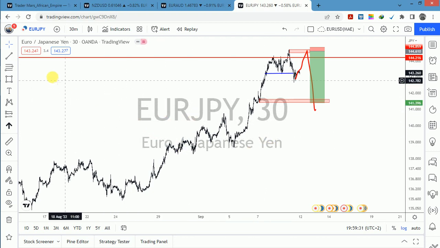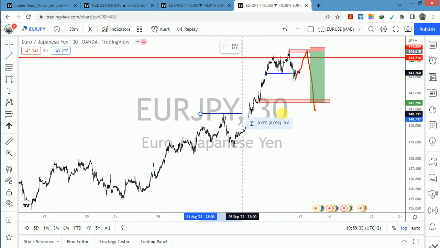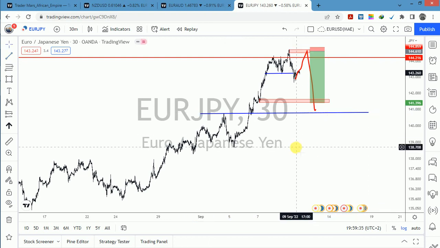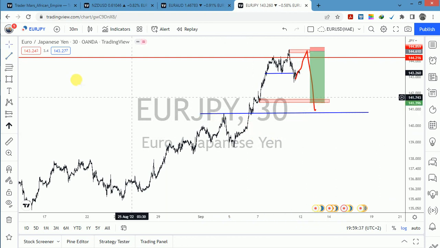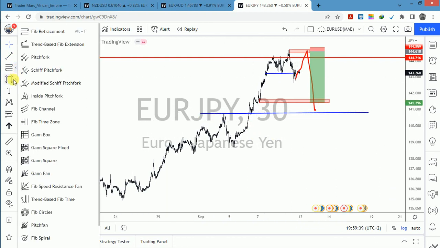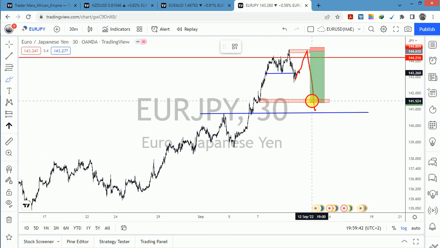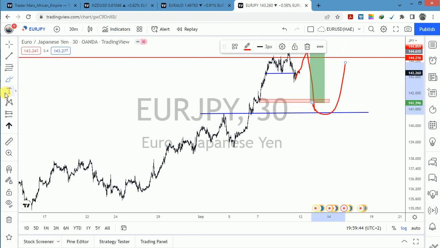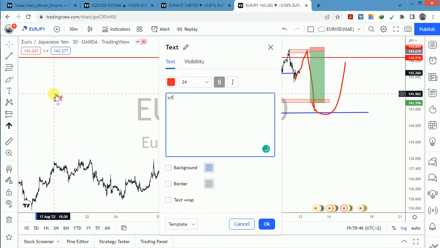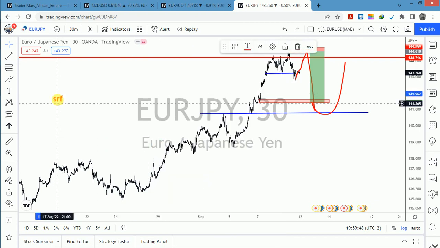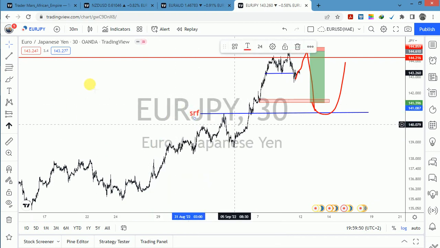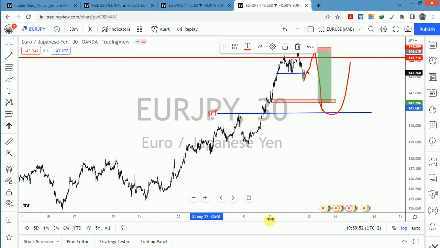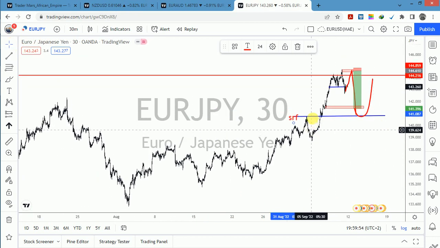And also we'll be doing so hoping that there is a possibility for it to be rejected when it gets to this and give us the SRF, right? It might do that. You might get the SRF when you get to that zone. So you might see price testing that breakout and then continue to go up.